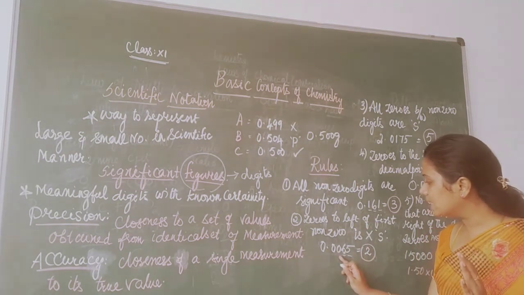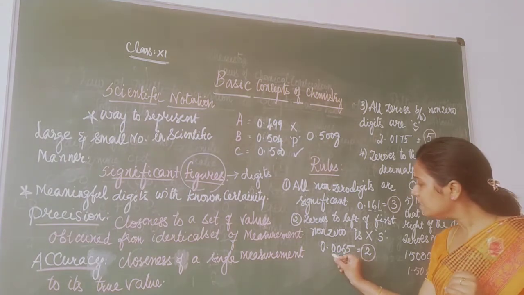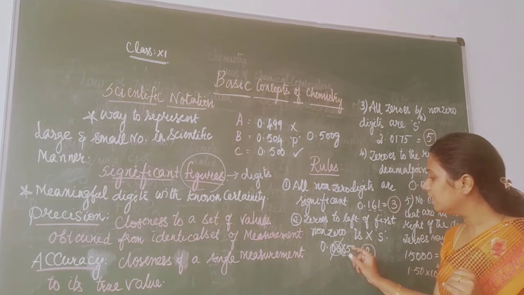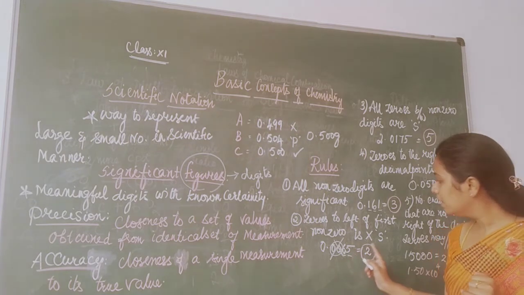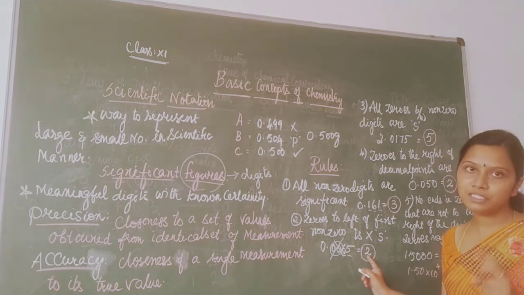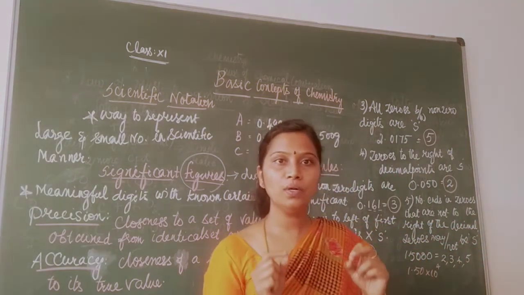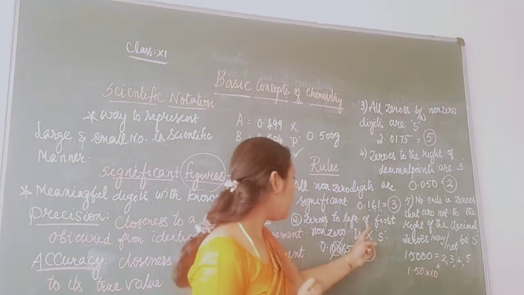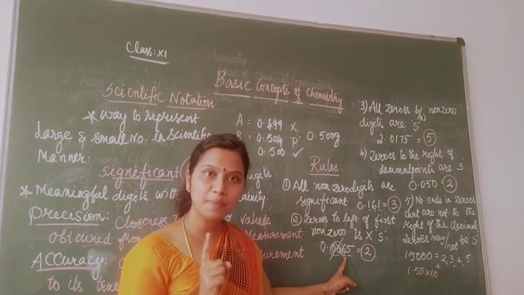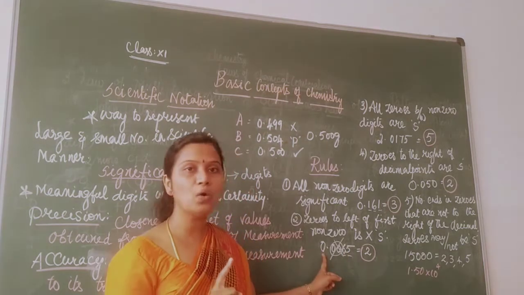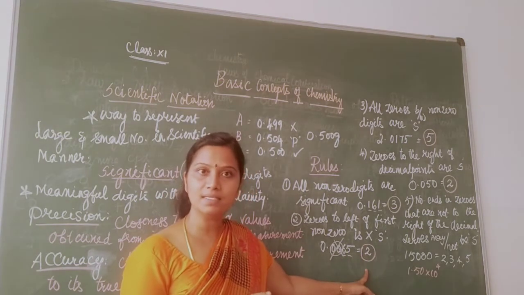So in this example, 0.0065, these zeros are not significant. I am going to consider only the non-zero digits, 6 and 5. So the number of significant figures is 2. So what is the second rule? Any zero which is present to the left of the first non-zero digit is not significant. So I have got the answer as 2.